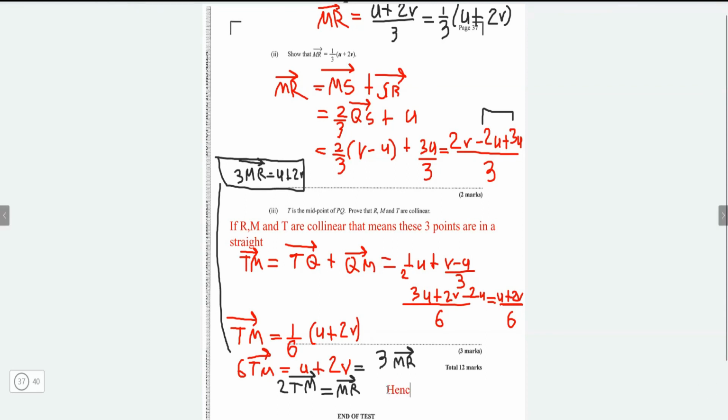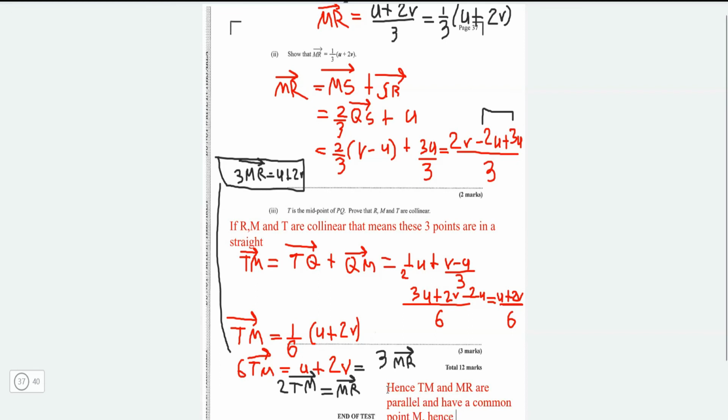Hence, the vectors TM and MR are parallel and have a common point. They have the common point M.